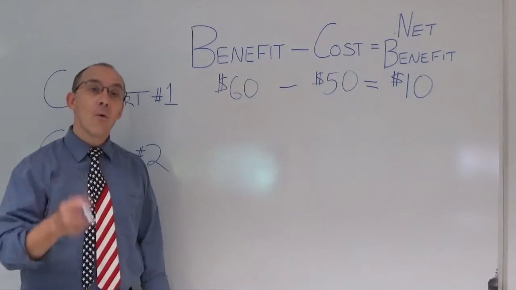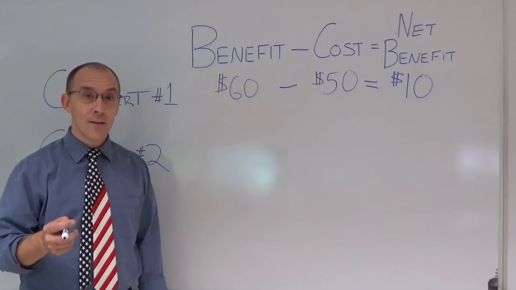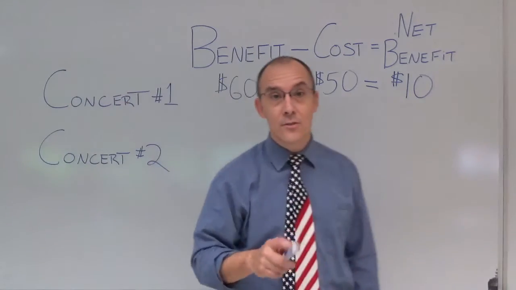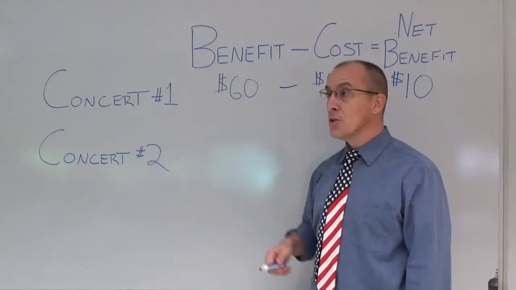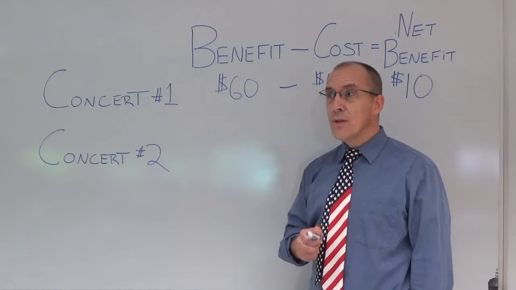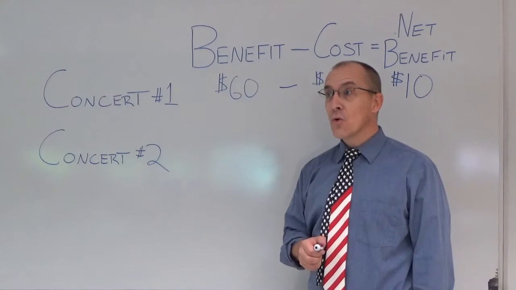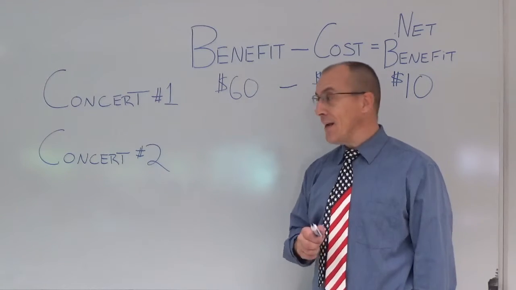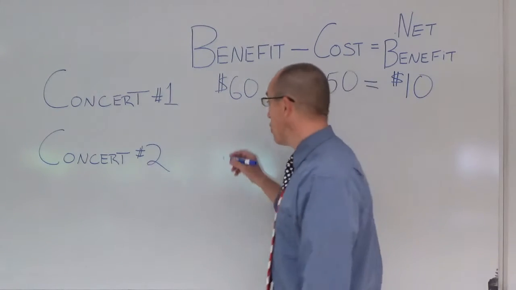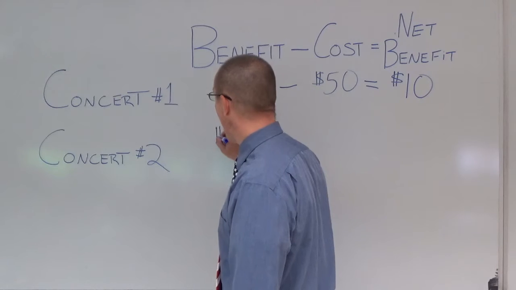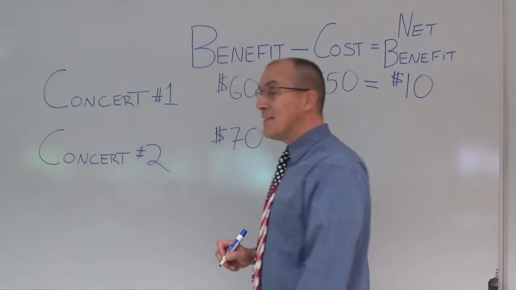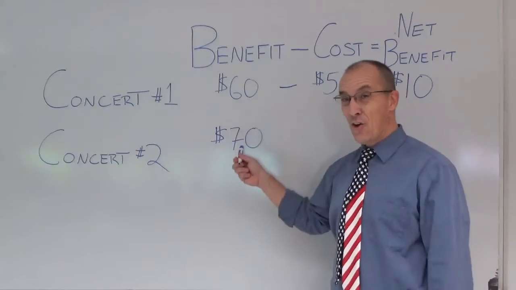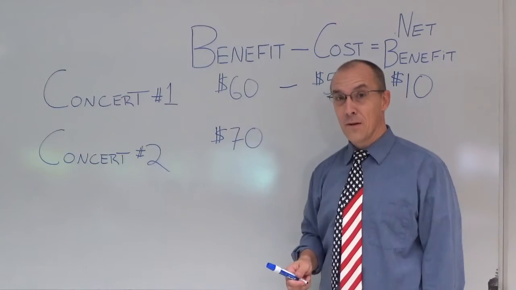However, after you buy that ticket, you find out there's going to be a second concert, a different band. Another band is going to be playing a concert. That's concert number two. And concert number two, you really like this band. You're thinking, hey, I really want to go to it. So much so that you expect the benefit of concert number two to be $70, $10 more than concert number one.